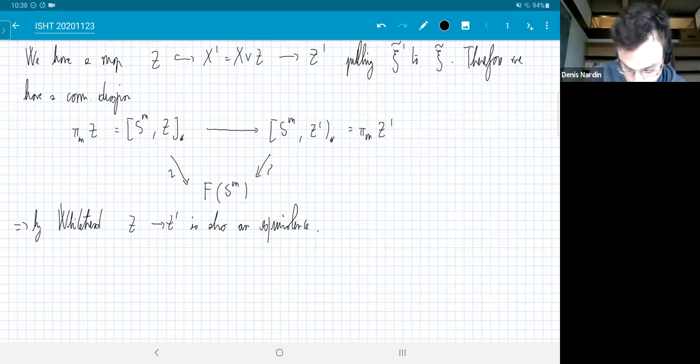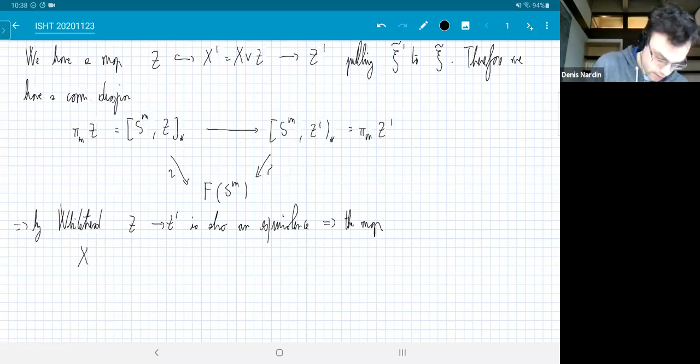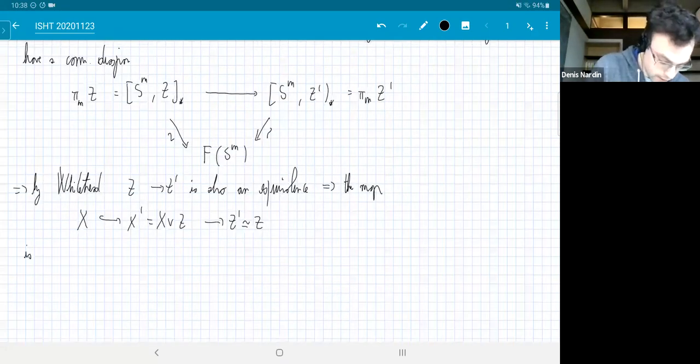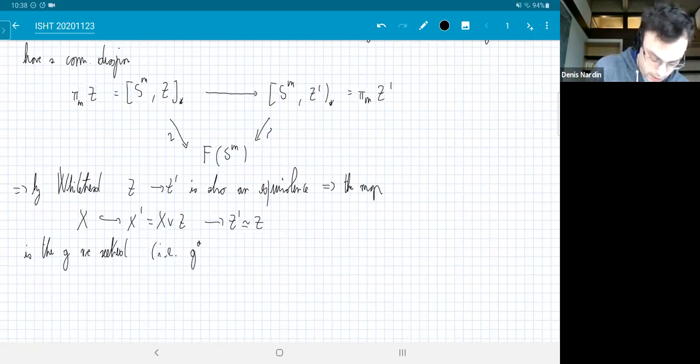So in particular, the map x goes into x prime, which is x wedge z, goes to z prime, equivalent to z, is the g we sought. That is, g upper star of psi tilde is eta.